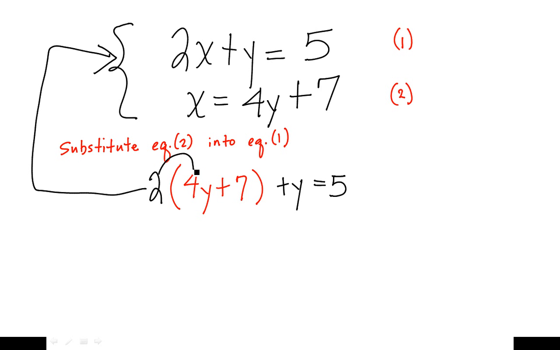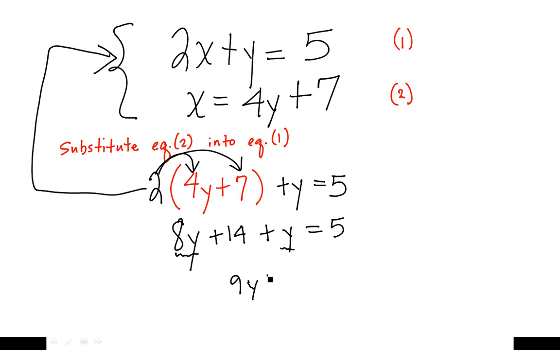So 2 times 4y is 8y. 2 times 7, 14. Plus y equals 5. Right? So we have like terms here. 8y and y is 9y. Plus 14 equals 5.